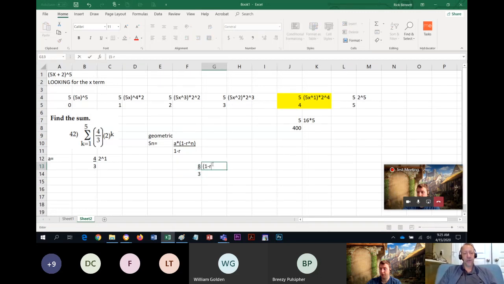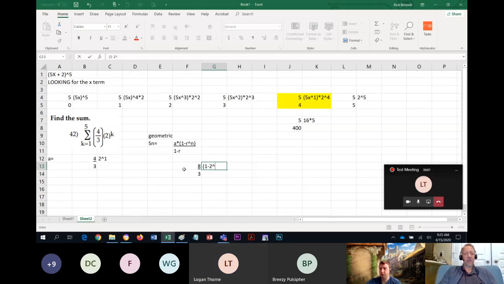What's r in this case? Is that going to be the 5? Nope. Anybody know? Is it 2? It is 2. It's your ratio, so that's your 2 to the k power.